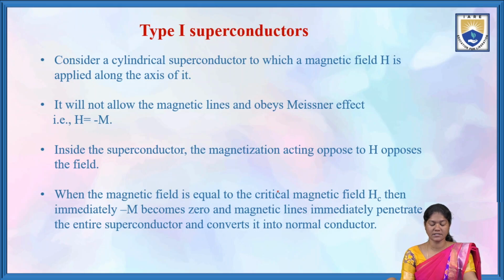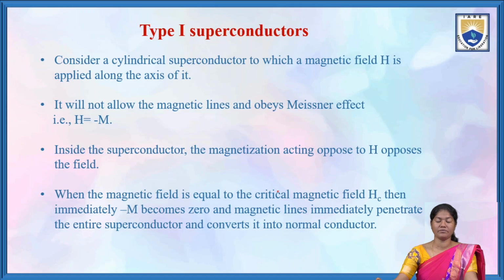In the last session, we saw what the Meissner effect is. In the Meissner effect, the superconductor does not allow the magnetic lines to pass through it. This was observed by Meissner, so we call it the Meissner effect.